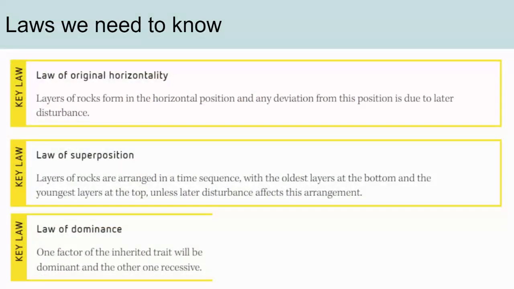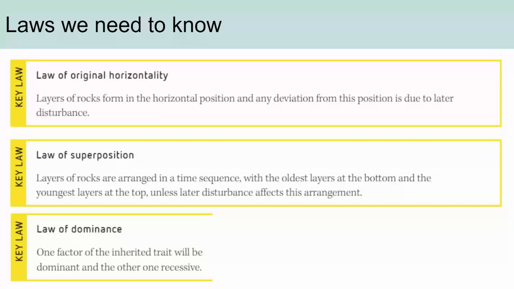And then the other laws we need to know, the first two apply to the same situation, and then we've got our fourth one underneath. So the law of original horizontality is where layers of rocks formed in the horizontal position, and any deviation from this position is due to later disturbance.